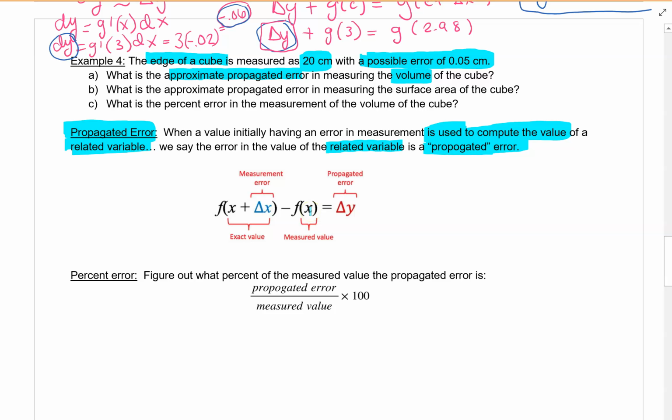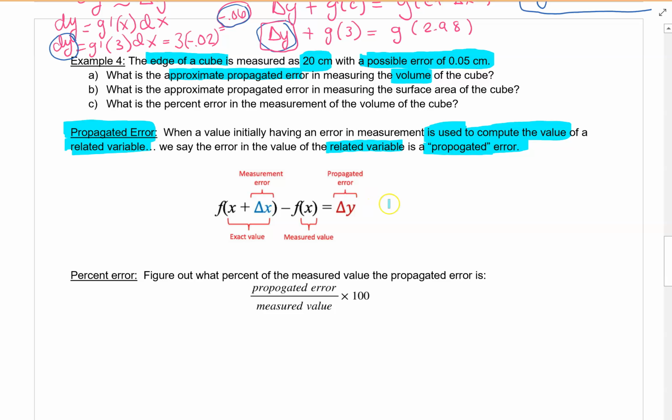This concept has a lot of parallels with related rates because we use differentials to talk about possible error. It's kind of like a change from the true value. When we did related rate problems, we would set up these equations and then take the derivatives with respect to time because we understood everything was changing with respect to time, and when one variable changed, it affected the other variable.